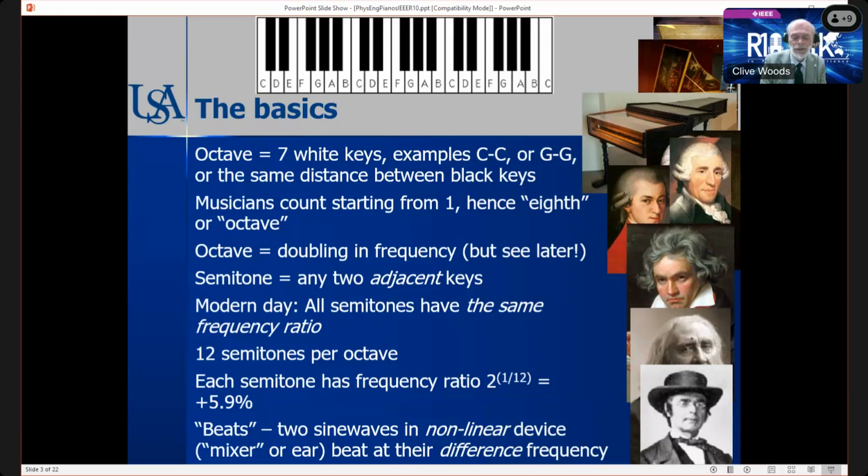And the easiest way to demonstrate that, if you're not familiar with that, is if you whistle a constant note and then have somebody next to you who's whistling a slightly different note, you will hear the beat frequency very clearly in your head, because the human ear is non-linear.